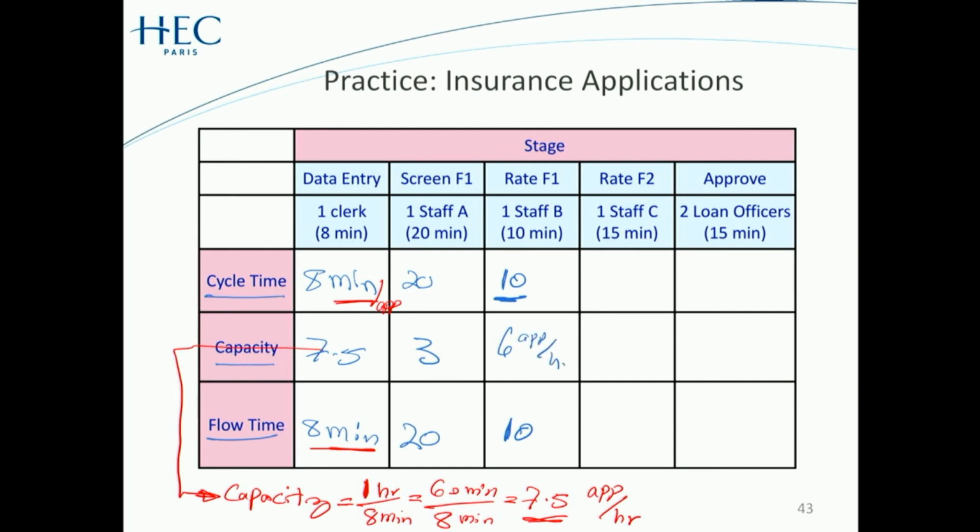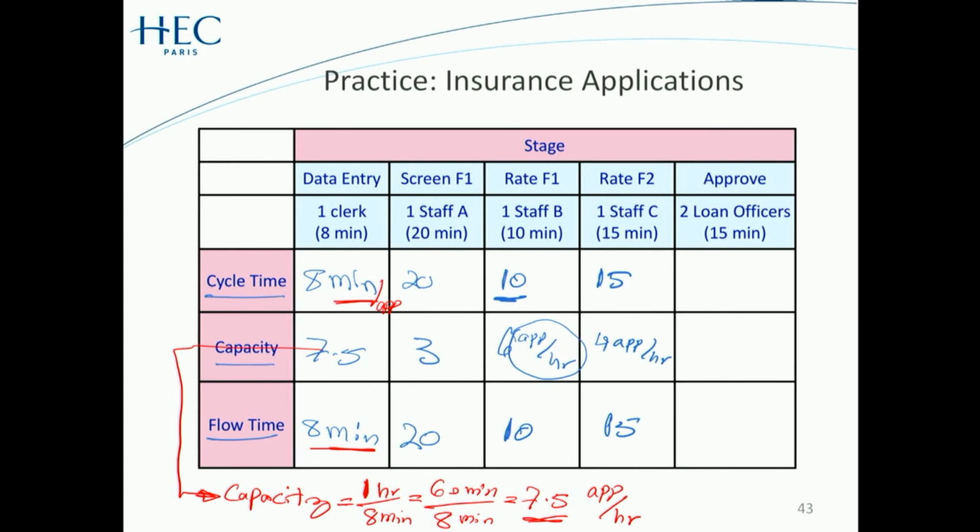Again, it's important to note the units. And for Staff C, the step rating Forms 2, it's exactly the same thing: 15 minutes cycle time, 15 minutes flow time, and that means 4 applications per hour as our capacity.